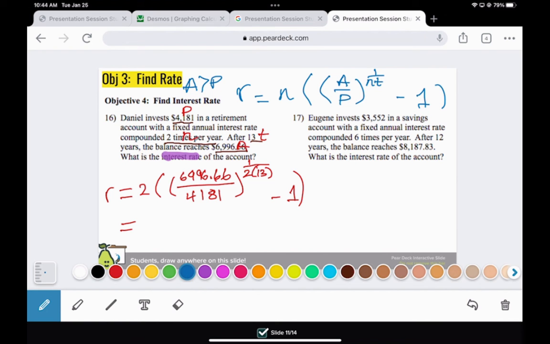Do this along with me so you know if you got it right or not. 6,996.66 over 4,181 to the power of 1 over 2 times 13, minus 1, and we get 0.04. That means it is 4%.